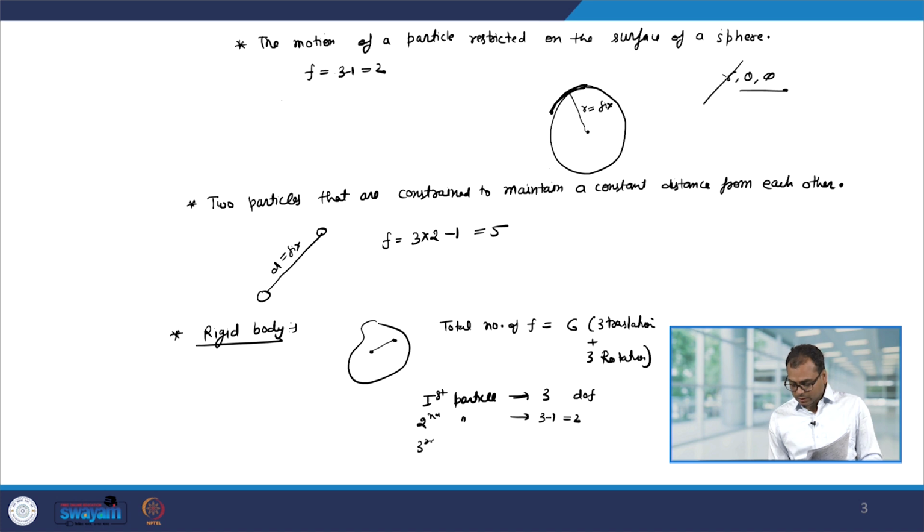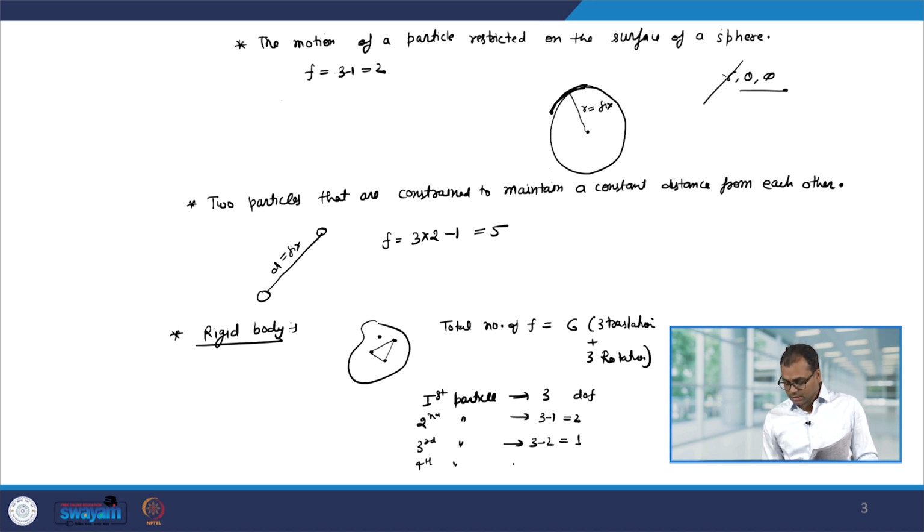Now, let us look at the third particle. In this case the degree of freedom will be 3 minus, so it has to maintain a constant distance from this and a constant distance from this also. So, 3 minus 2 equal to 1. Now, you take the fourth particle. Okay.